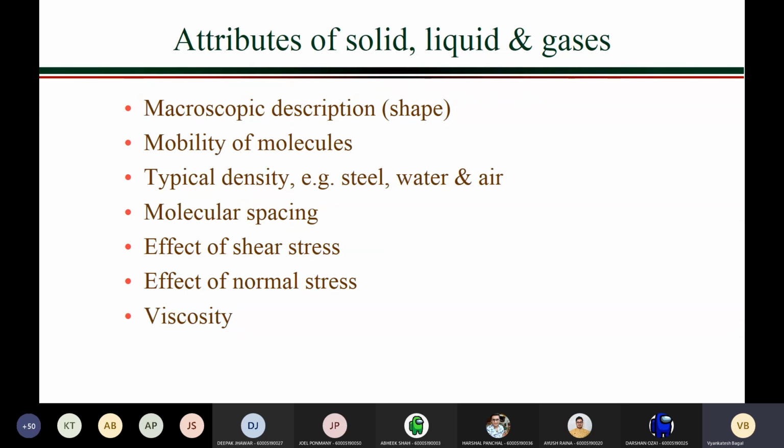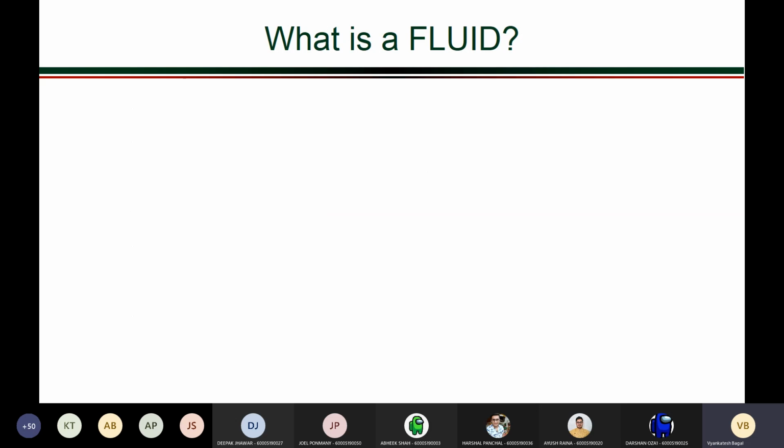In statics part, we are more interested in normal stress, and in case of fluids when they are in motion, we will not talk much about normal, but we will be more talking about the shear stress. Fine. And the last property, viscosity, we already know it is. This property will be defined for liquids and gases and not for solids. This is property related to the fluid. Fine. Now next.